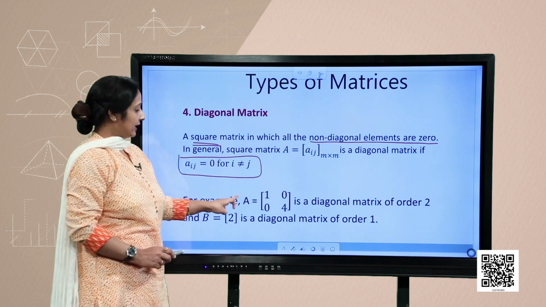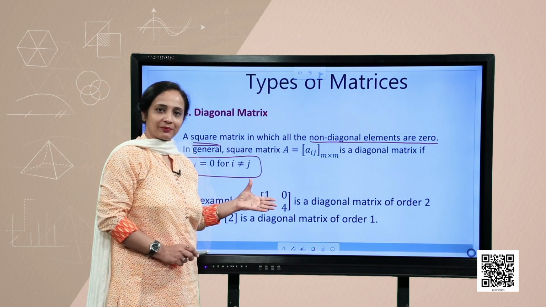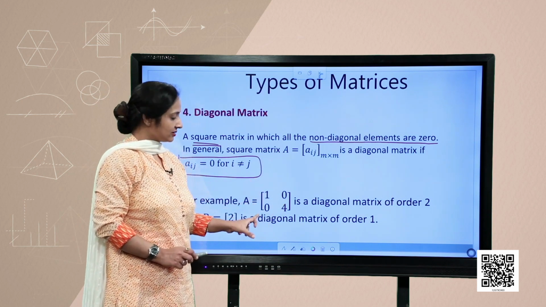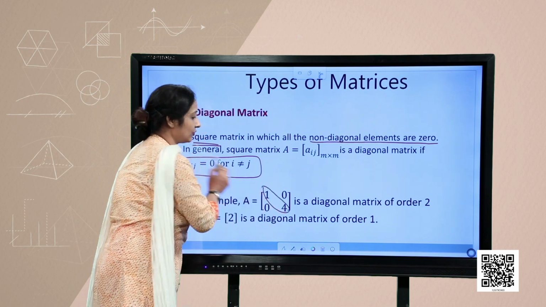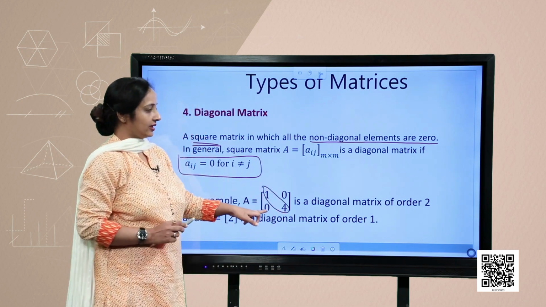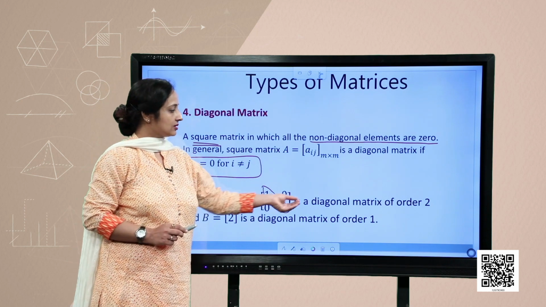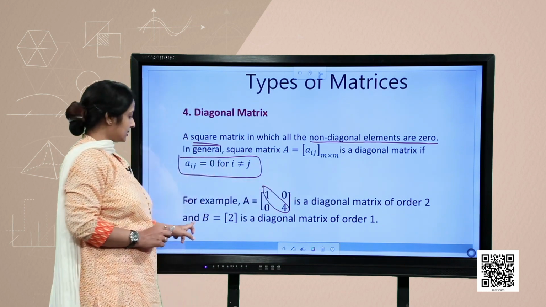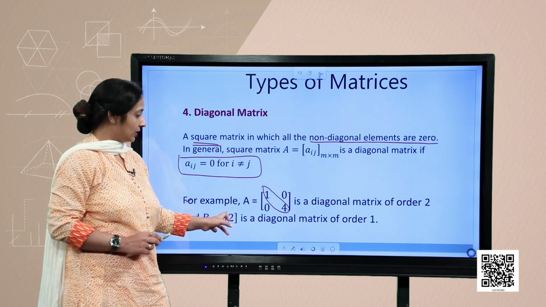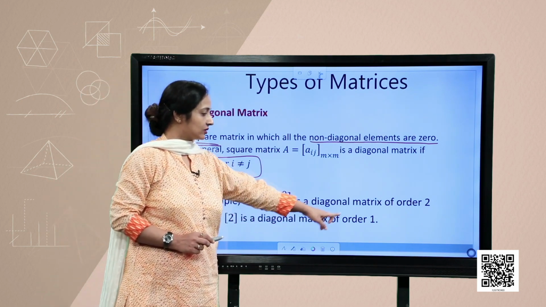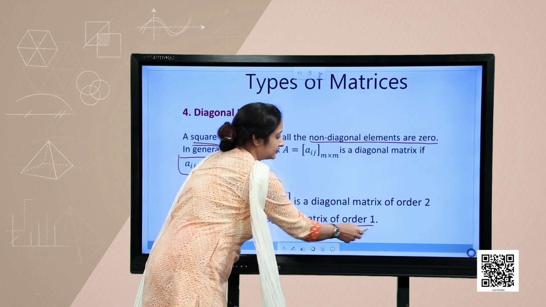For example, if I take this matrix A, the square matrix A having elements 1, 0, 0, 4. So these diagonal elements are 1 and 4 and non-diagonal elements are 0. So this is a matrix of order 2. Similarly, matrix B consisting of a single element 2 is also called a diagonal matrix of order 1.